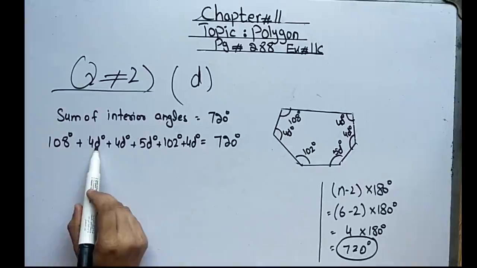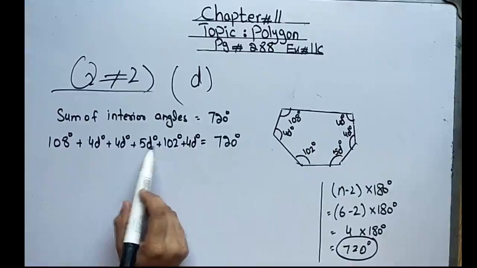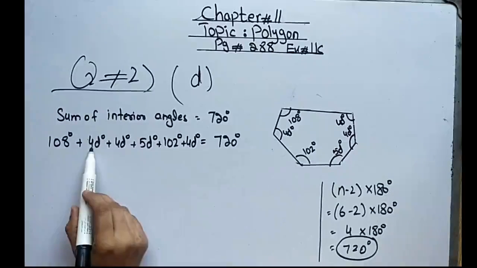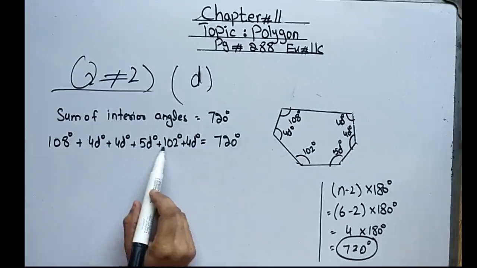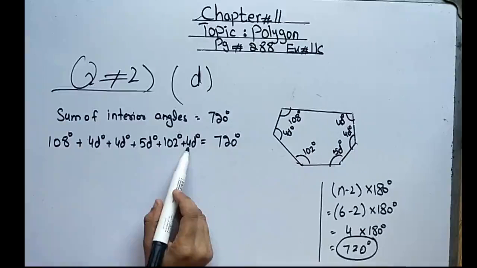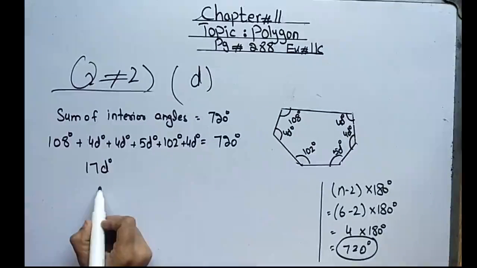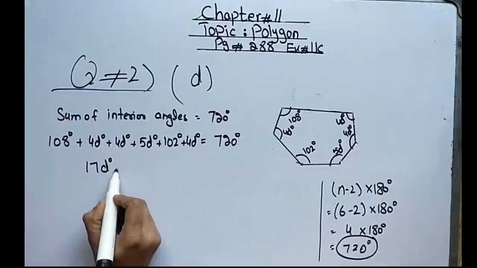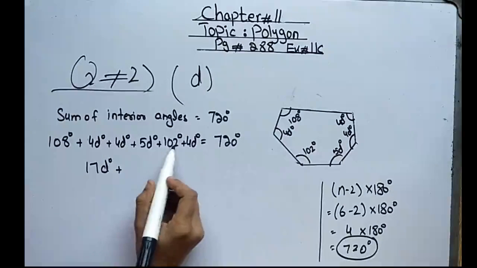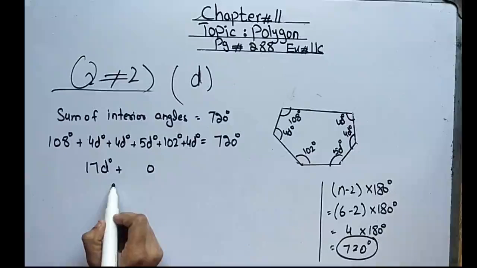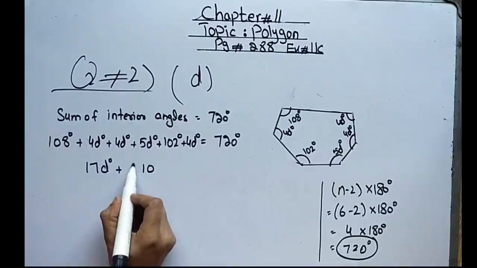The coefficients are 4, 4, 5 and 4. So 4 plus 4 is 8, 8 plus 5 is 13, 13 plus 4 is 17. 17D degrees plus 108 plus 102. 8 plus 2 is 10, then 1 plus 1 is 2.